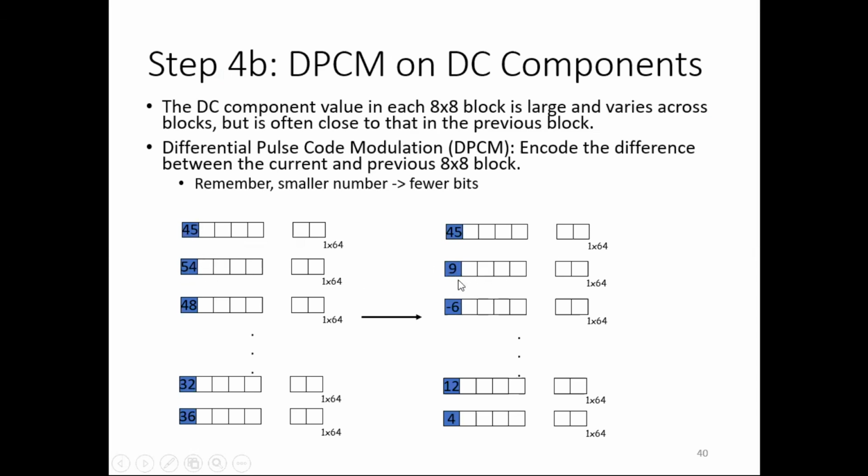We place 9 as the DC factor for the second vector. Then taking the next one, 48, 48 minus 54 is minus 6. We take the DC component for the third vector as minus 6.